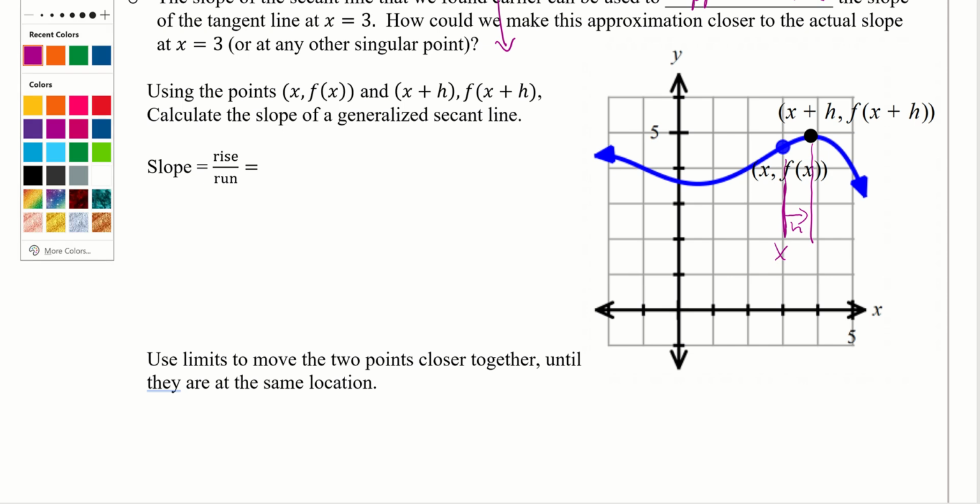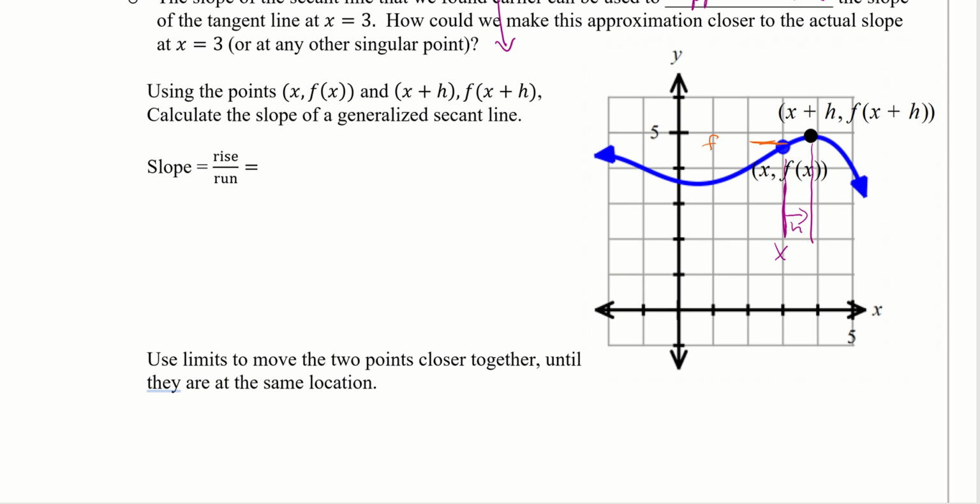Same idea for the y. We're going to start right here at the y, or we could call it f of x, and then we're going to go up a certain amount as well and call that f of x plus h. Okay, so that change there is going to change our y value as well. And so if we do the slope of these, it looks weird, but with these values now, instead of actual numbers, we're going to take the first one.